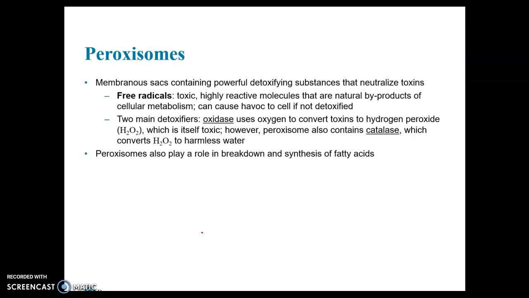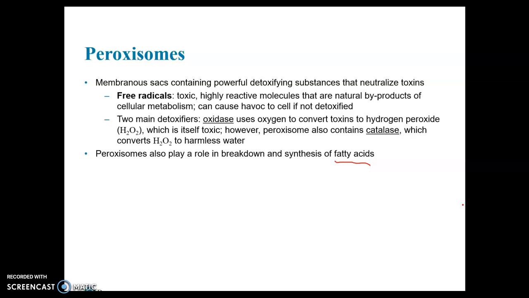Okay, so peroxisomes are covered with a membrane also, and their main thing is that they can break down fatty acids. They play a role in the breakdown and synthesis of fatty acids, but they also produce hydrogen peroxide as a byproduct.